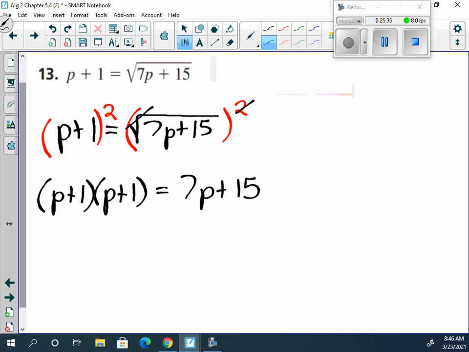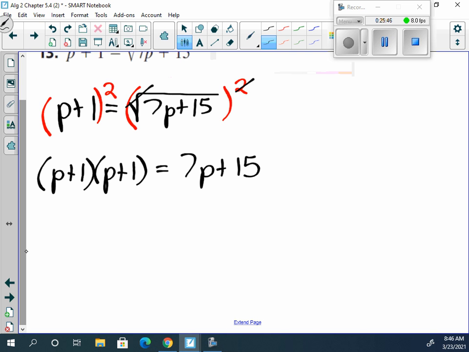Okay. Well, if we want to solve this, we need to distribute the p plus 1 times p plus 1. We need to simplify that. We start off by multiplying through by p. Well, p times p is p squared.